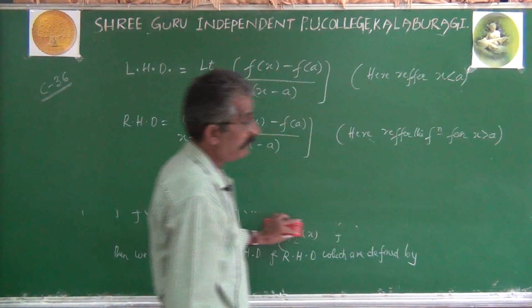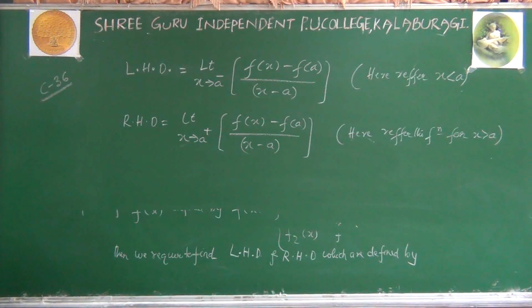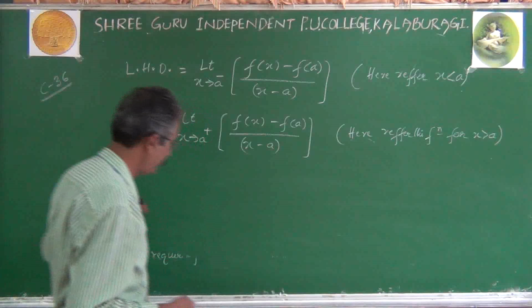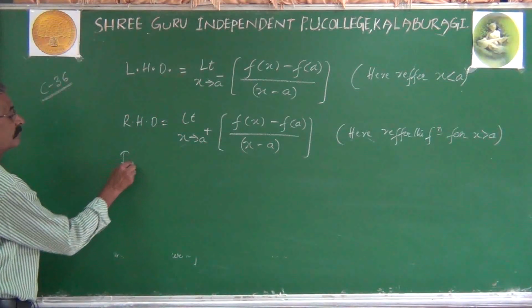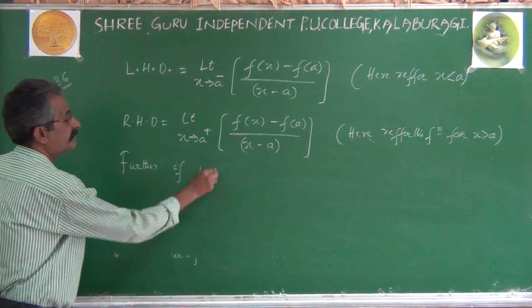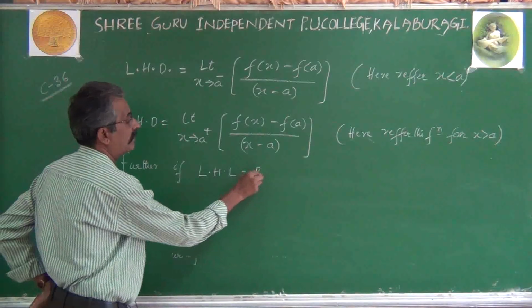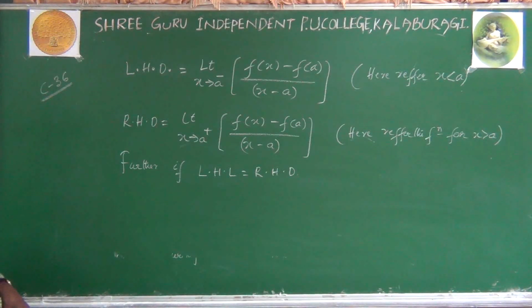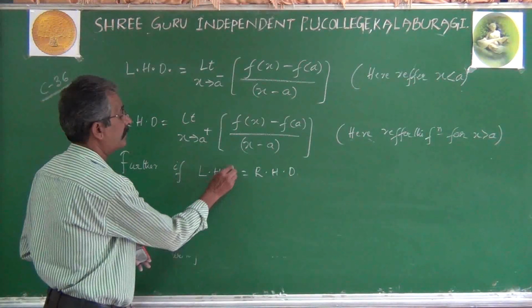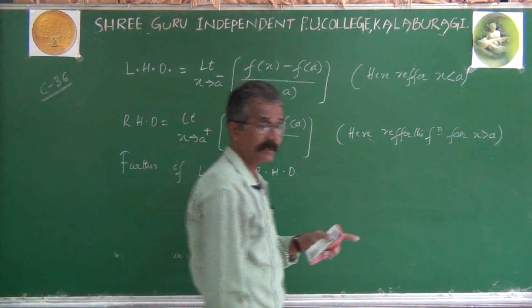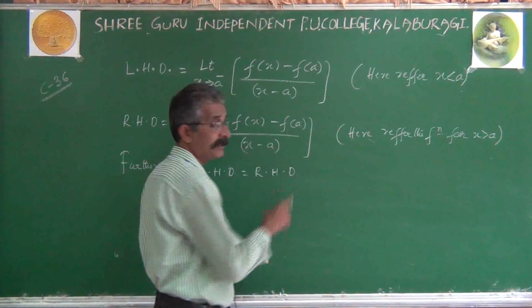And furthermore, if the left-hand derivative equals the right-hand derivative, then only the function can be differentiable at the point x equal to a. Next slide. Further, if LHD equals RHD, be attentive here, you may be under confusion. It's not left-hand limit, right-hand limit. It is left-hand derivative, right-hand derivative. If it were LHL, RHL, then it should compulsorily equal f of a.